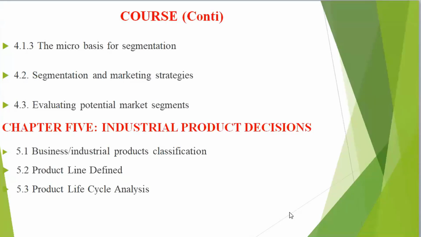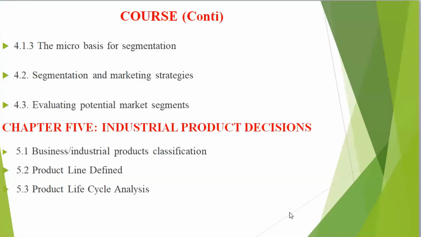And once we segment, the process of selecting one best segmented area would be positioning, or sometimes this is known as evaluation. Once we segment, the next step would be applying different marketing strategies.